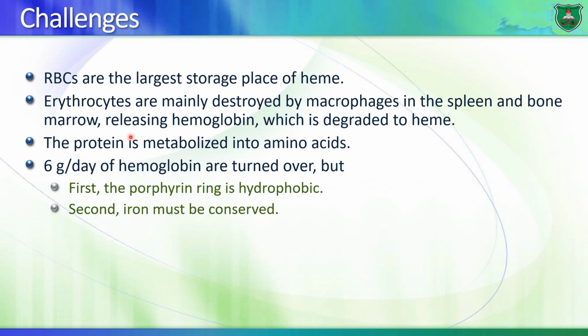Now, the globin protein is catabolized into amino acids, and these can be used for synthesizing other proteins. But releasing heme is risky because, one, the porphyrin ring is hydrophobic, so heme must be modified chemically in order to make it more hydrophilic so that it can be excreted, or at least handled by the body.